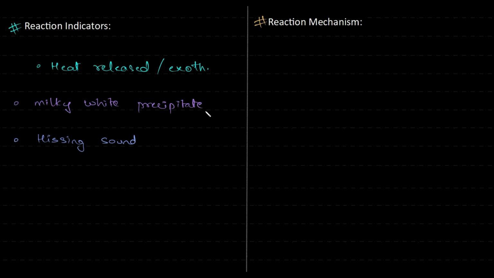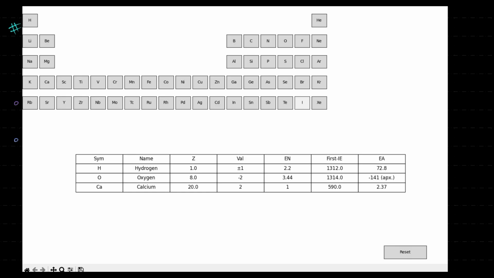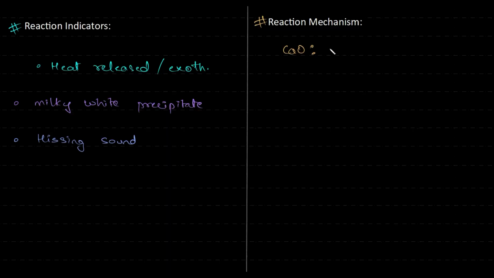Now this part is extra information for us to understand what is happening. First, let's look at what kind of bond CaO has. We have CaO, valence is +2 and -2. The electronegativity difference is clearly more than 1.7, so it's supposed to be an ionic bond.